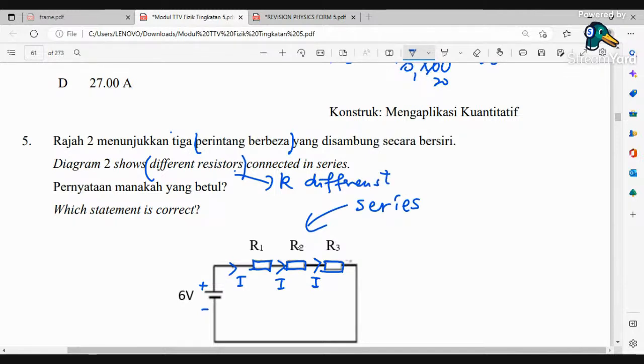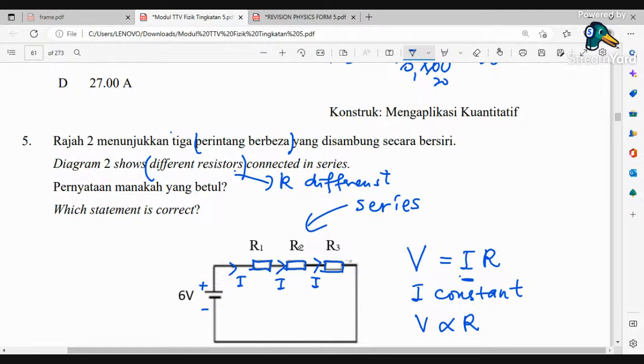Okay, for series connection, we just apply V equals to IR. Okay, so same I flow means I will become constant. Sebab dia sama untuk semua resistor tu. So we get V directly proportional to R.